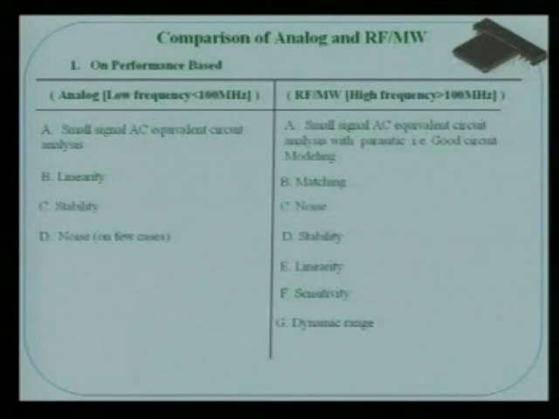Next is the sensitivity, because I have already explained the noise. In case of high frequency, the noise is another complexity. What is the noise in case of analog design?